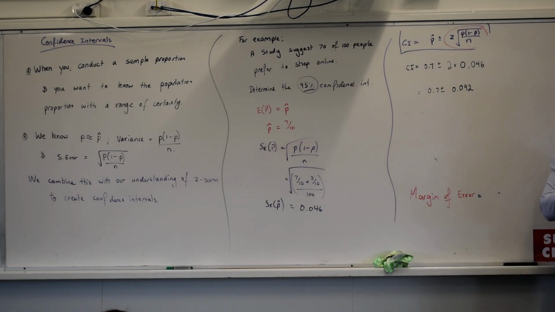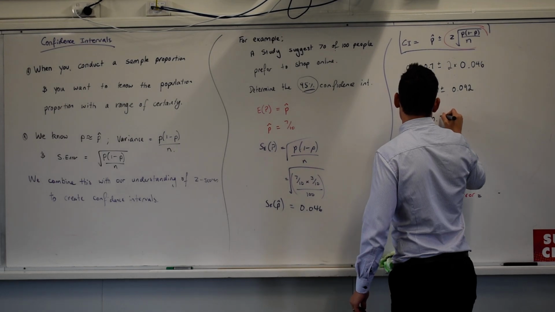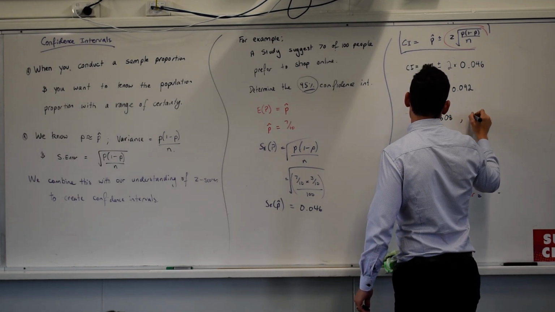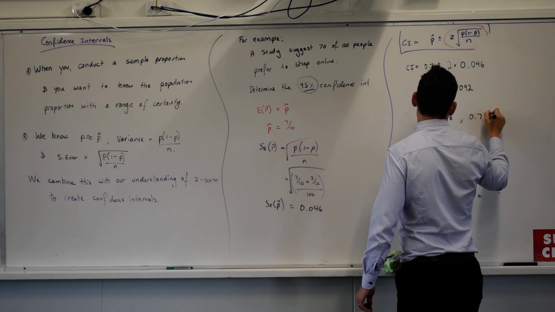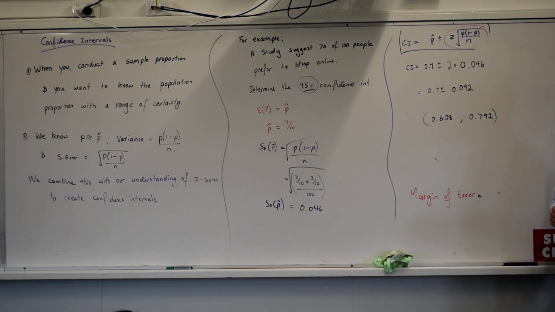So my confidence interval, I'm 95% sure that my scores occur between 0.608 and 0.792. So I'm 95% sure that that's the case.